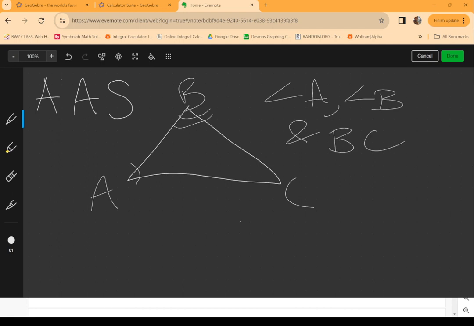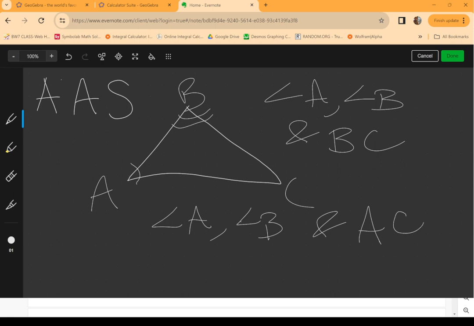That would be two angles and a non-included side. Now, another option would be angle A, again angle B, and side AC, a non-included side.